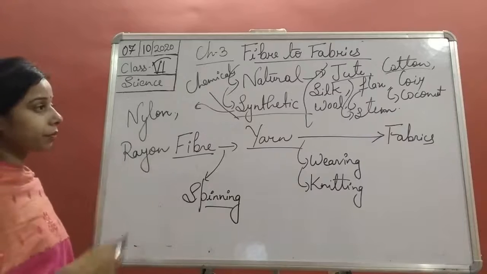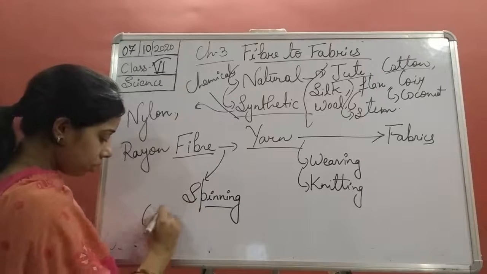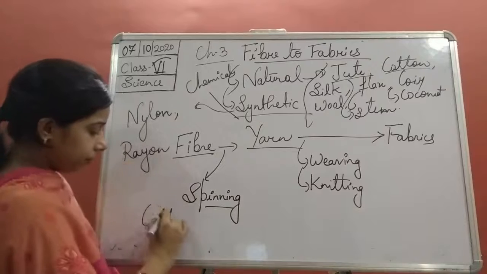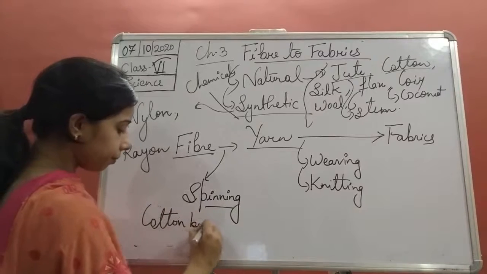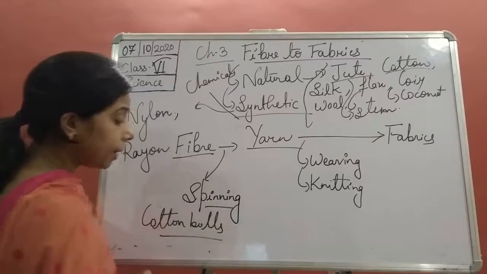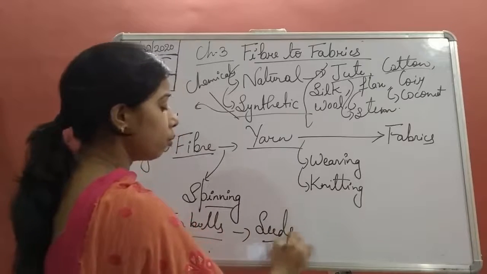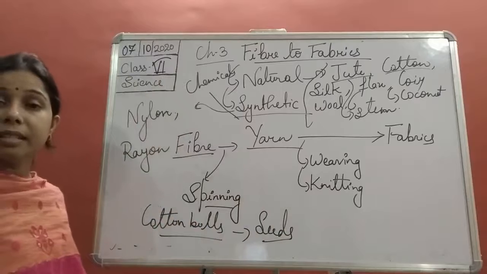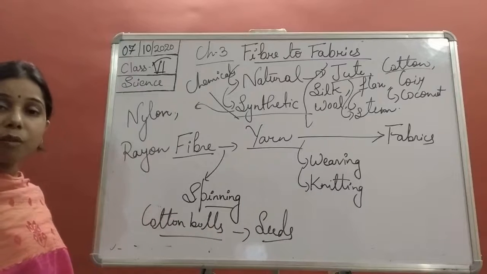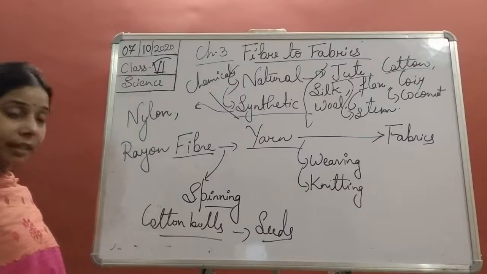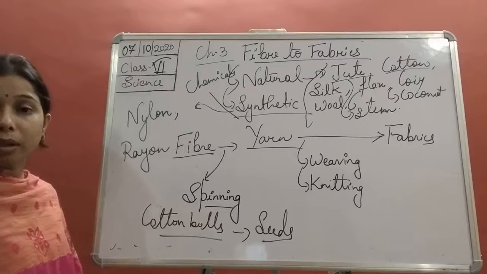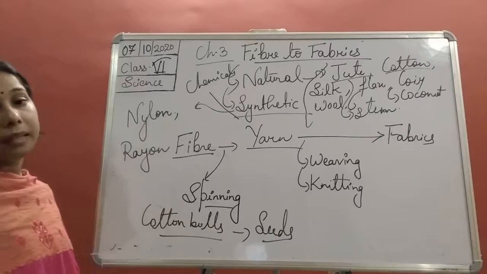Now these cotton balls basically consist of seeds in them. So at first we have to remove the seeds, and the process of removal of the seeds from the cotton ball is known as ginning.